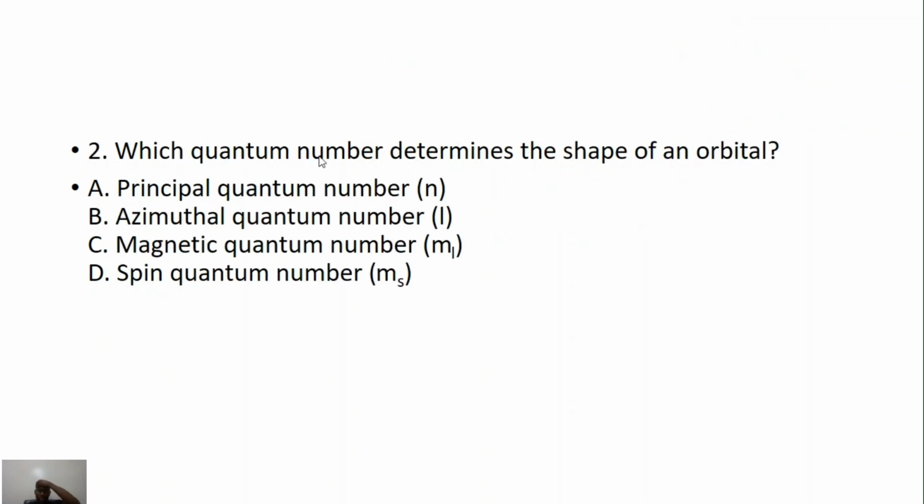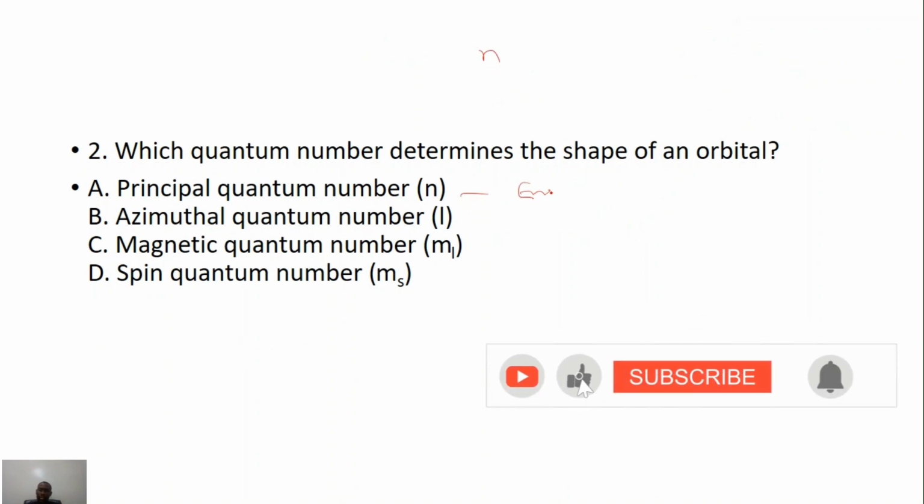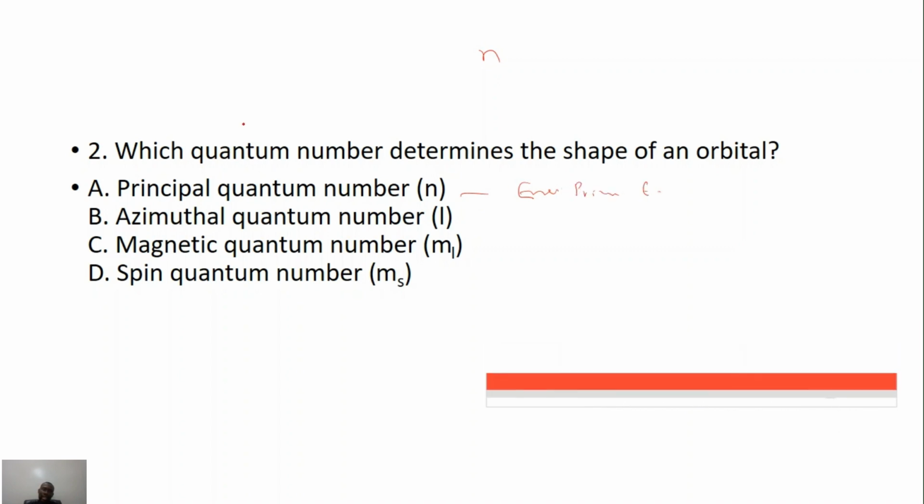The second question: which quantum number determines the shape of an orbital? Recall that n determines the energy level, the principal quantum number determines the energy level.